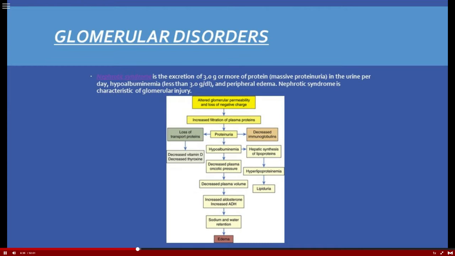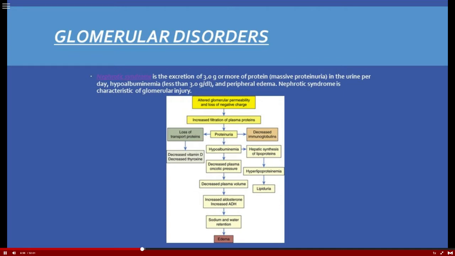So you see that beautiful little algorithm here that comes directly from your textbook. You can see where the glomerular permeability increases, it loses plasma proteins, and proteinuria results in hypoalbuminemia, decreased albumin in the blood, in other words.